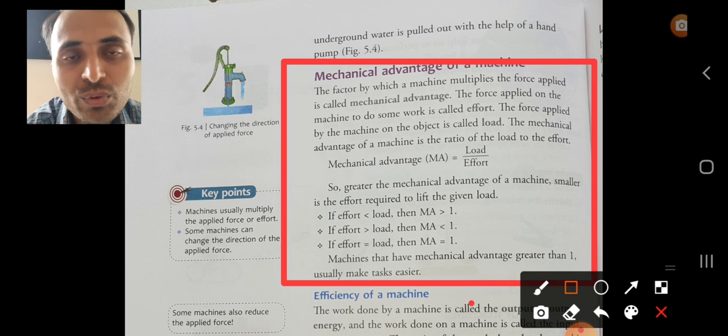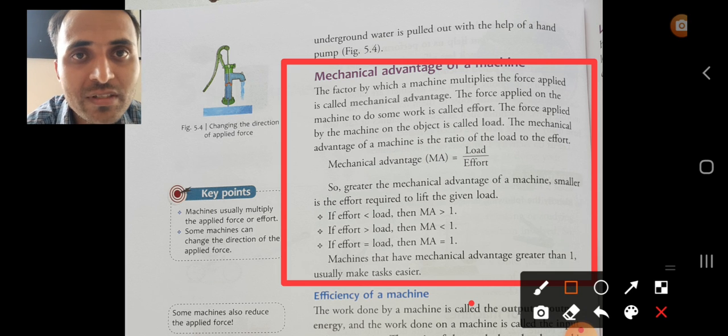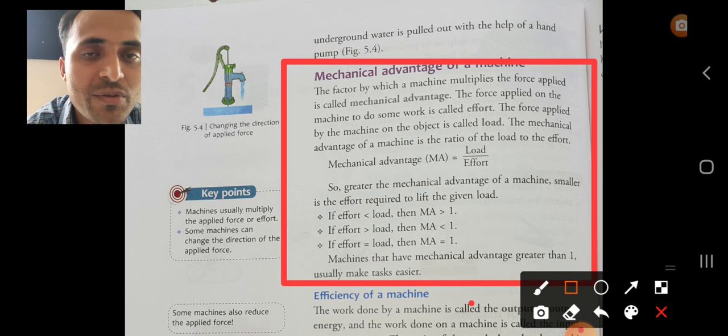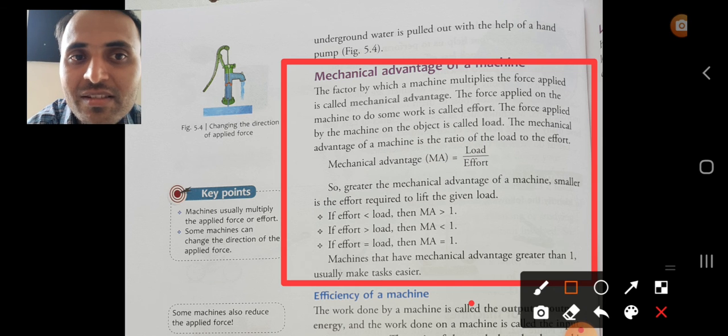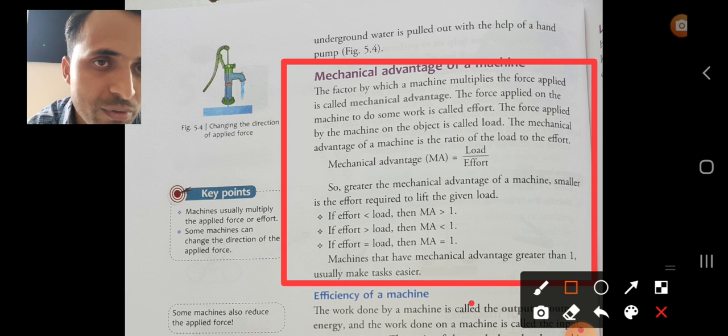It means we have to apply less effort in order to lift the load, and that machine is the ideal machine. Okay, so machines usually multiply the applied force or effort, or some machines change the direction of the applied force.